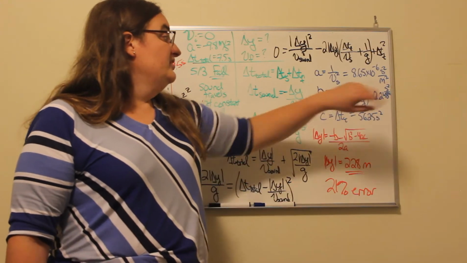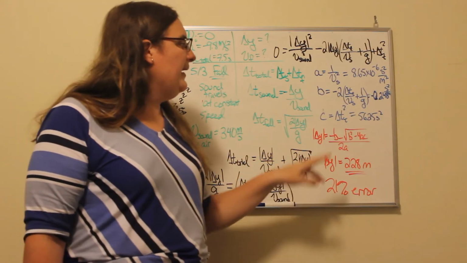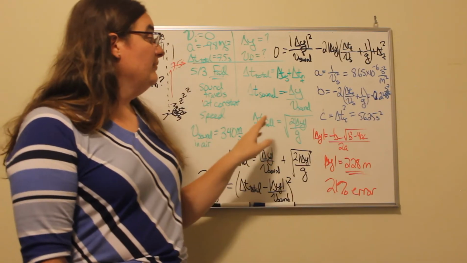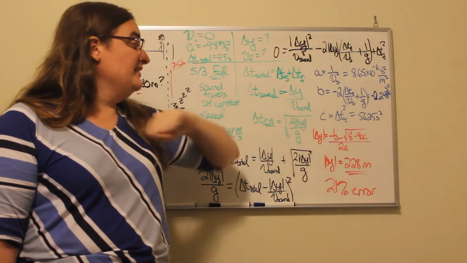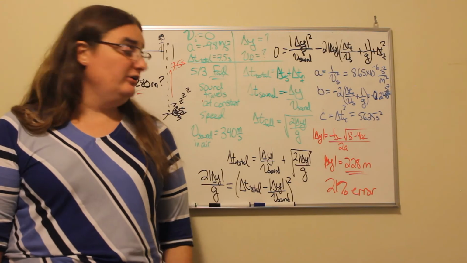So, this second term has units of seconds squared per meter, and it's going to be about negative 0.2481. And my final term C is my time squared, which is 56.25 seconds squared.